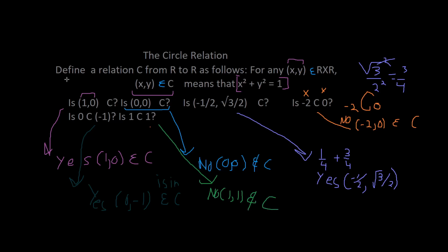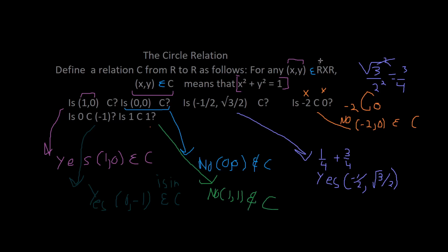Our next question is, what are the domain and codomain of C? Now that we've answered that problem, we have to answer which one is the domain and which is the codomain. The domain and codomain of C are both R, the set of all real numbers, because that's what the question is telling us.